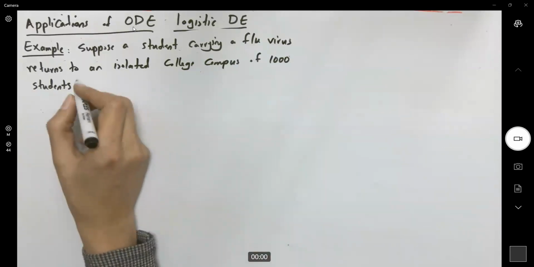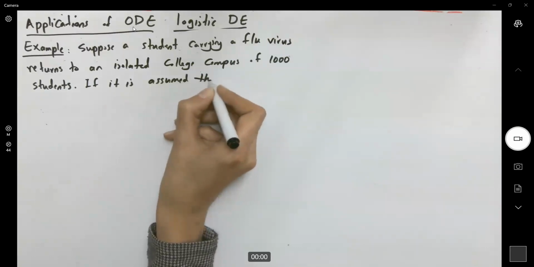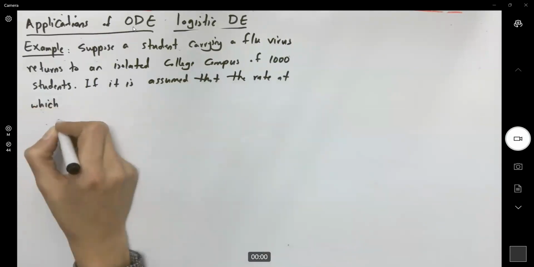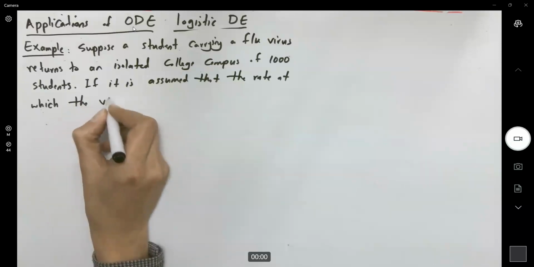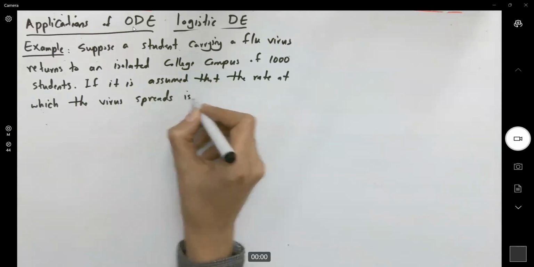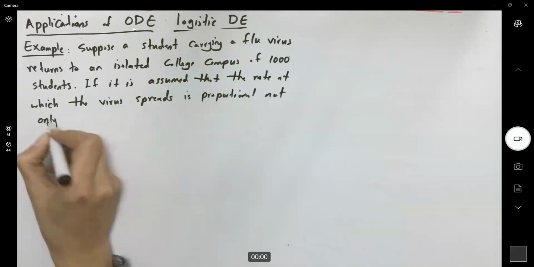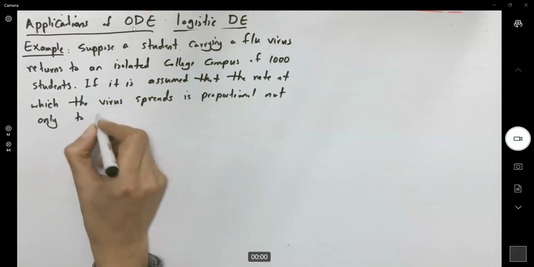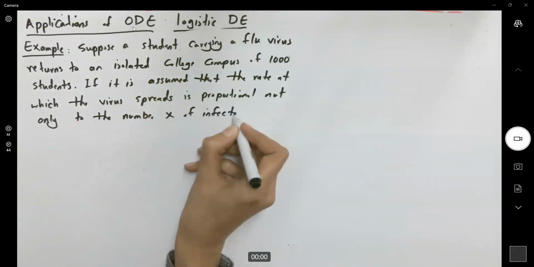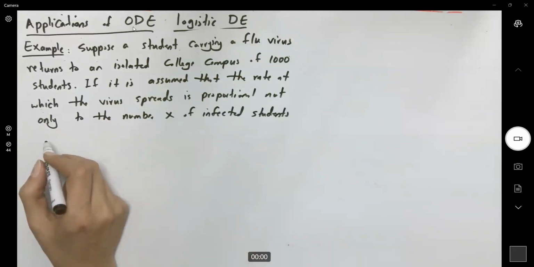If it is assumed that the rate at which the virus spreads is proportional not only to the number X of infected students, but also to the number of students not infected.